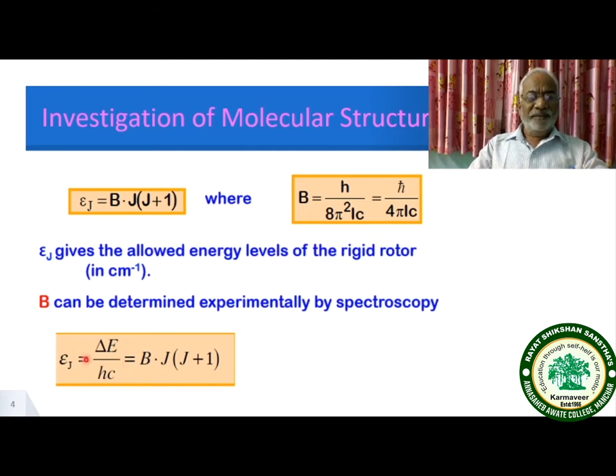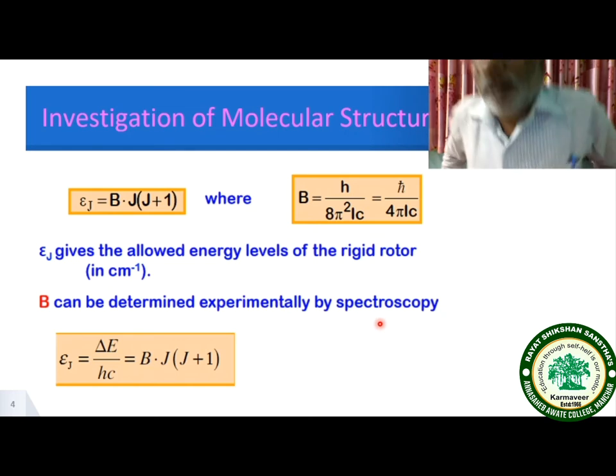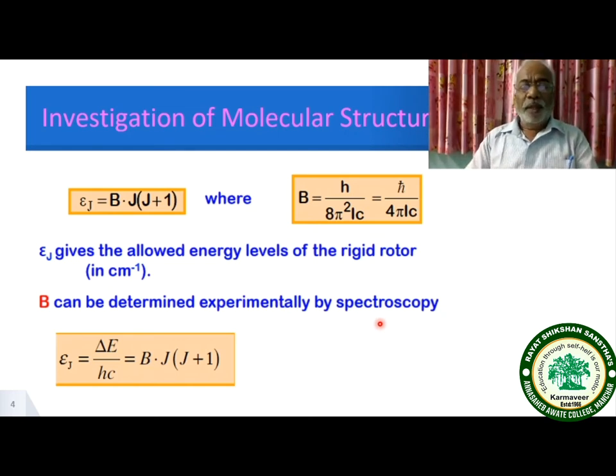Now here you will find not energy only E, but it is delta E. Why delta E? Because in any spectroscopic technique there is a transition of the particular molecule from one of the lower energy states to one of the higher energy states. Here in rotational spectroscopy, the transition from one of the lower rotational energy levels to one of the next or lower rotational energy levels will be accounted for or considered.